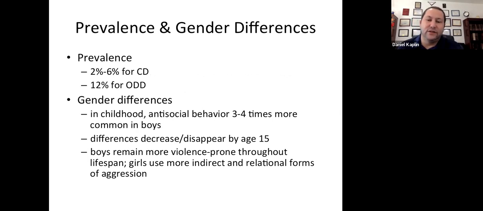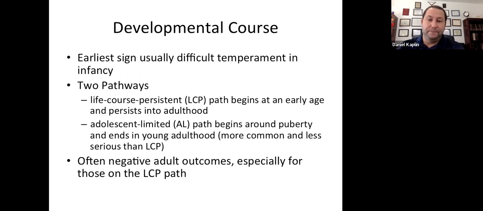Now, in terms of antisocial behavior, we do see in childhood boys have higher rates of these conditions, but by 15, the differences between boys and girls disappear. In terms of aggression or violence, boys tend to be more physically violent or violence prone, whereas girls tend to be more indirect or have forms of relational violence or verbal aggression. So this is pretty much the epidemiology.